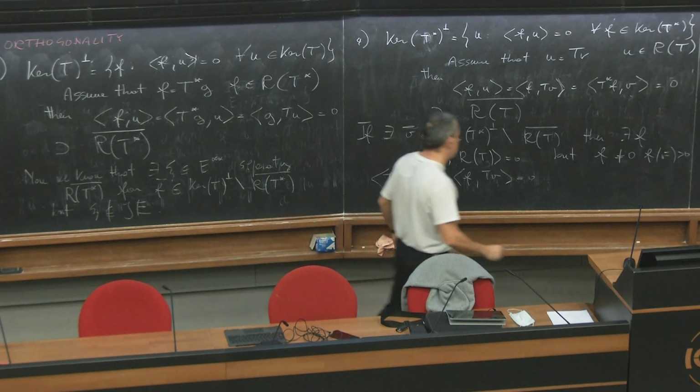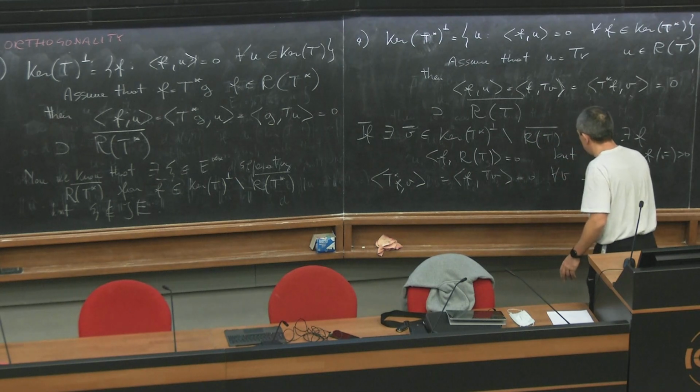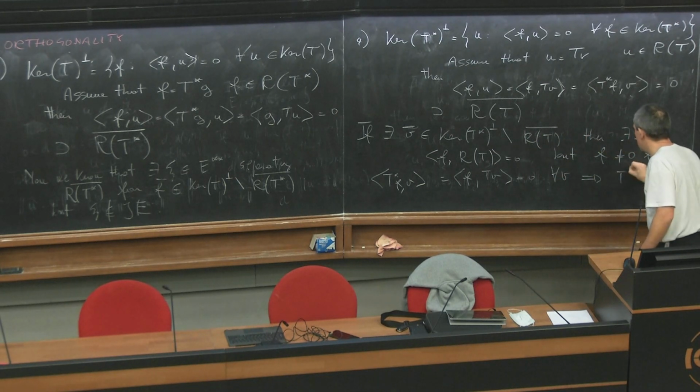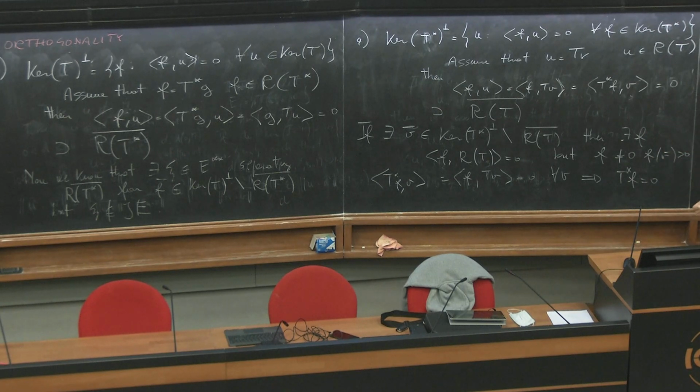And then this implies, by definition, T star F equal to 0, and so I deduce that F is in the kernel.